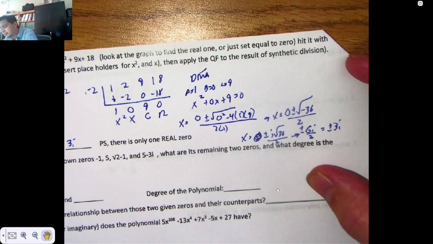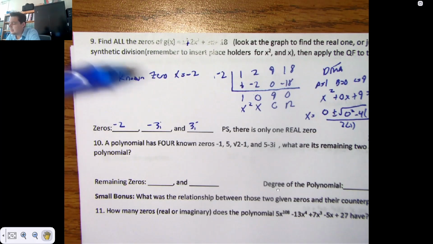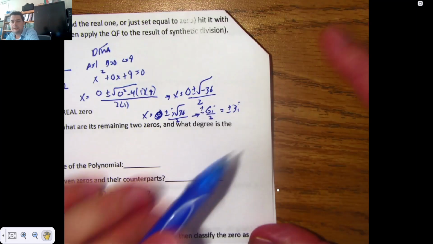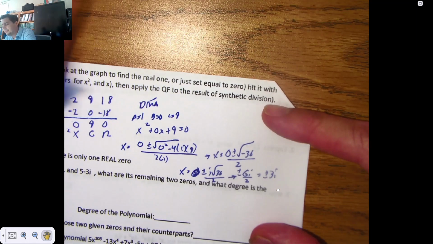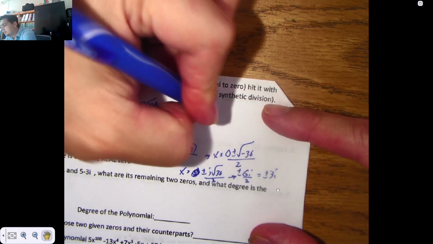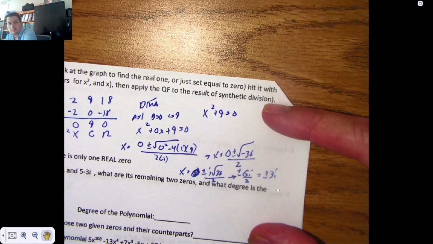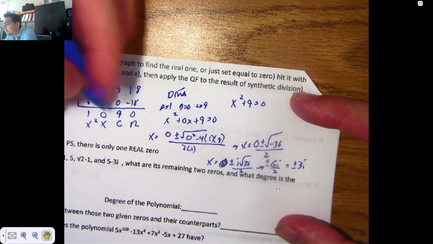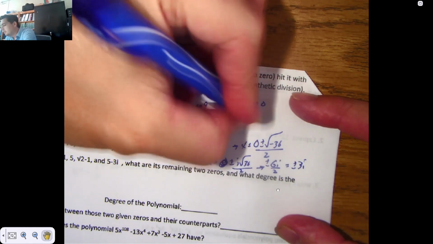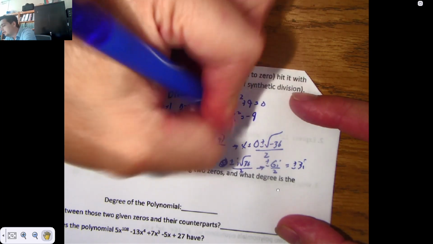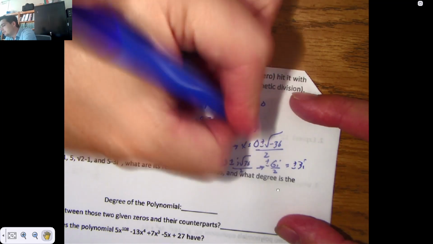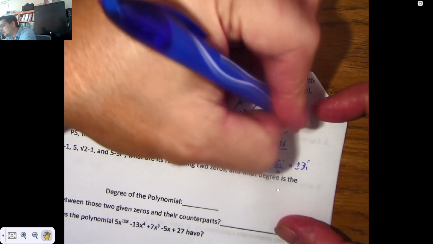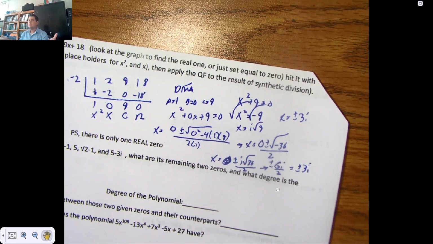It doesn't make sense to use the quadratic formula here, but there were my three zeros: negative 2 and plus or minus 3i. If you would have just written x squared plus 9 is 0, moved your 9 over, and square rooted, realizing it was the imaginary root of 9, you would have gotten plus or minus 3i right off the bat.